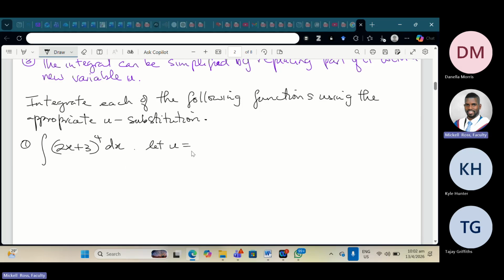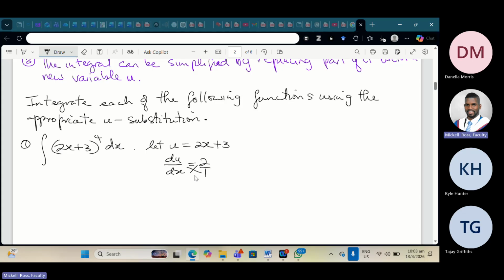We're going to let u equal what is in the bracket, which is 2x plus 3, which therefore means that if u is equal to 2x plus 3, and I take the derivative of u with respect to x, it's going to be equal to 2, right? You're going to see why we're differentiating u with respect to x. Now, this is one fraction. 2 can be made into a fraction by writing 2 over 1.